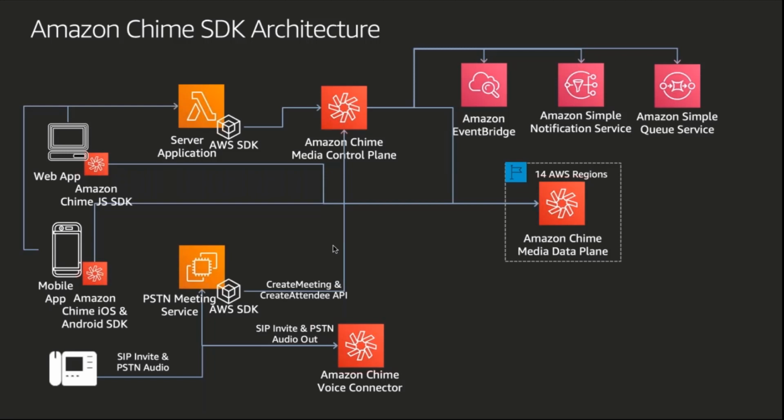You would do so by setting up an Amazon Chime voice connector under your AWS account. A SIP attendee needs a join token, much like any other attendee in the call, and will include it in the SIP invite message to join the Amazon Chime SDK meeting.